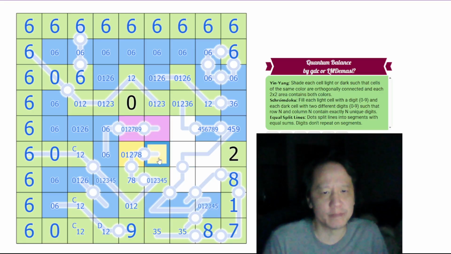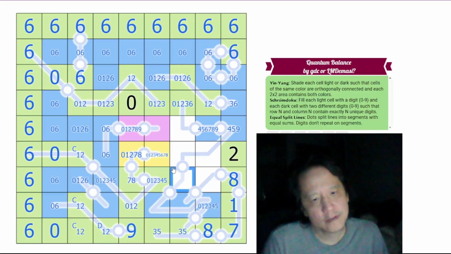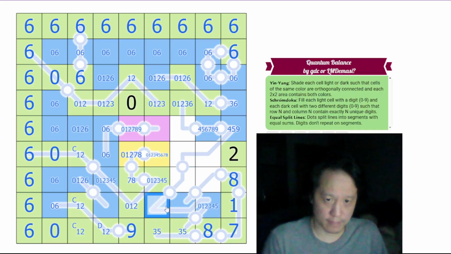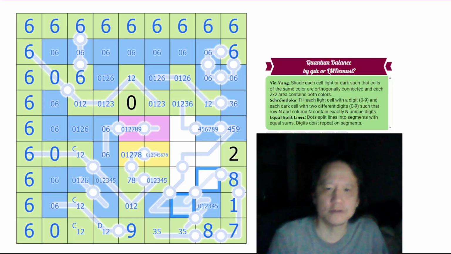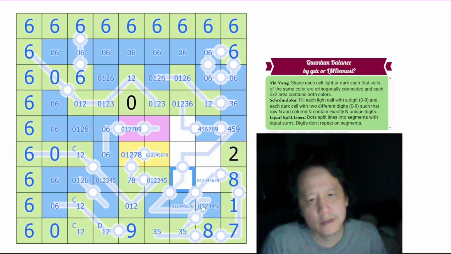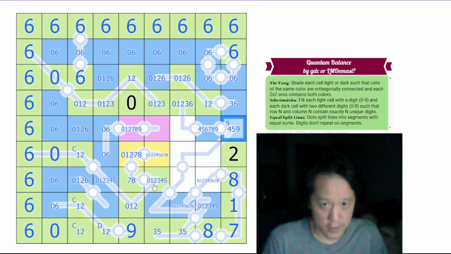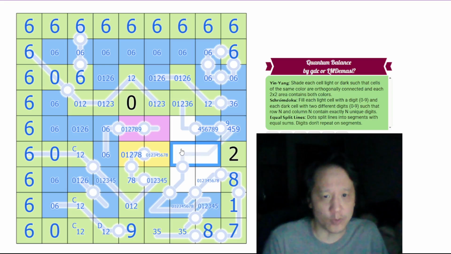This adds up to at most 8. So this is 0 through 8. This adds up to 8, so these are 0 through 8 also. We're guaranteed a 9 here. Yeah, the Schrödinger cell makes things a lot more complicated, I will say.